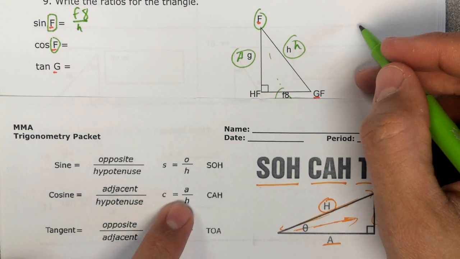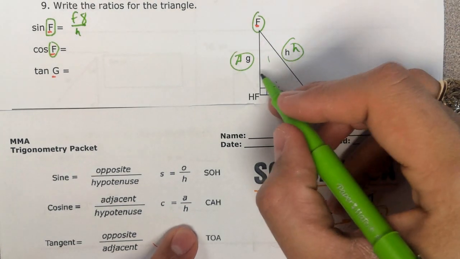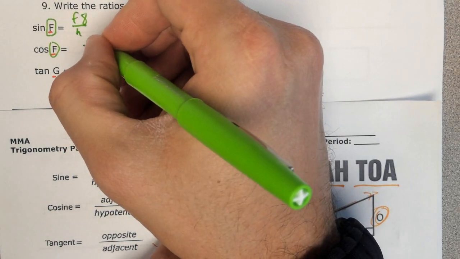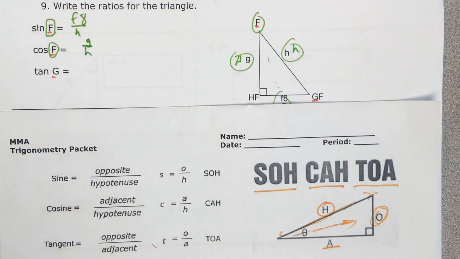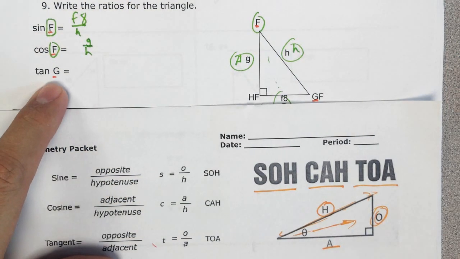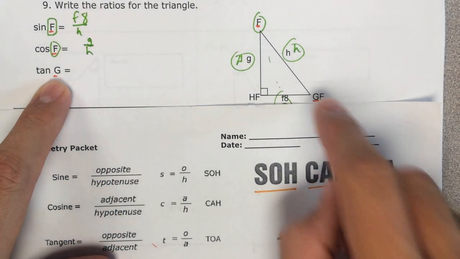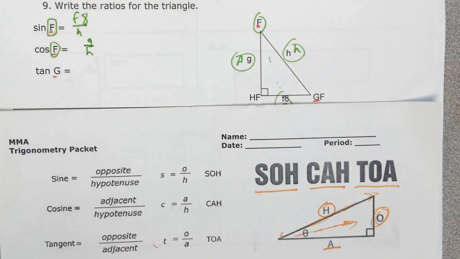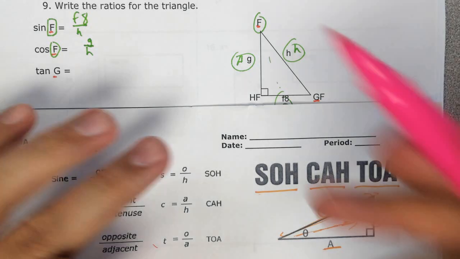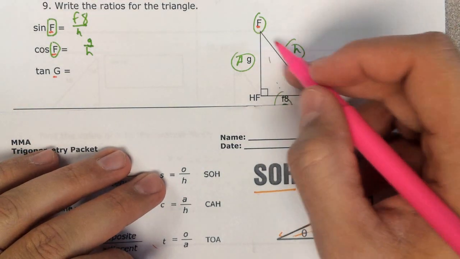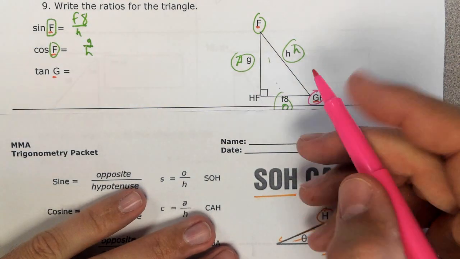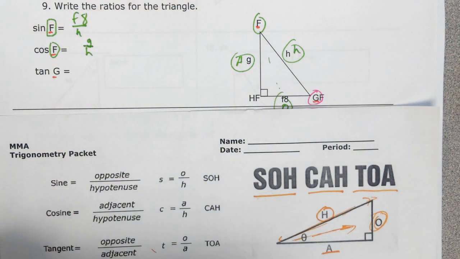Cosine, adjacent over hypotenuse. Adjacent is G. And my hypotenuse is H. When I do tangent of G, I am going to have to use a different angle. My adjacent and my opposite change.